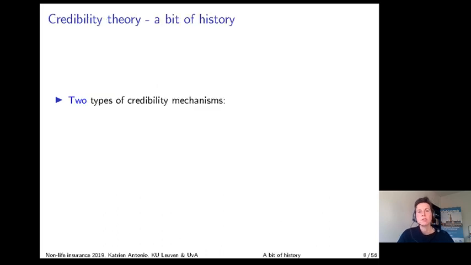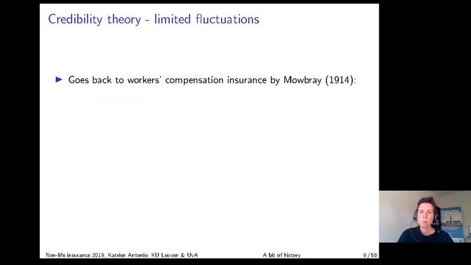Historically, actuaries have proposed two different types of credibility mechanisms. On the one hand, the limited fluctuations credibility, and on the other hand, the greatest accuracy credibility framework. Now, with respect to the first one, the limited fluctuations credibility, we refer to the work of Mowbray back in 1914 on the pricing of workers' compensation insurance.